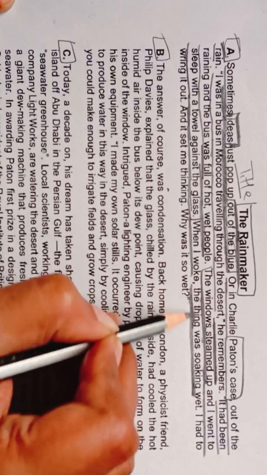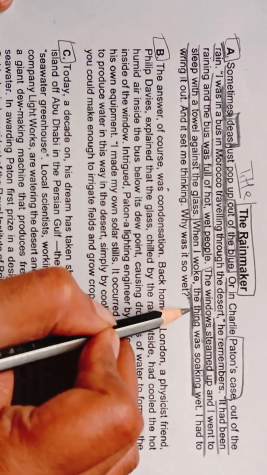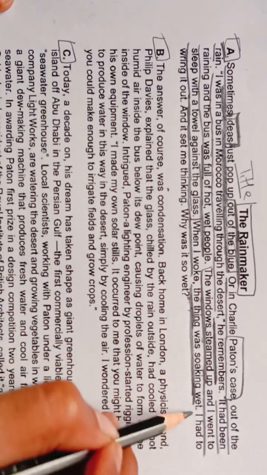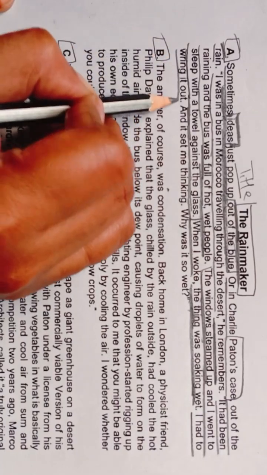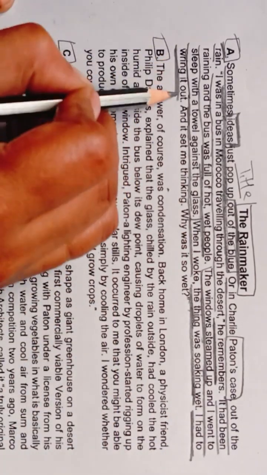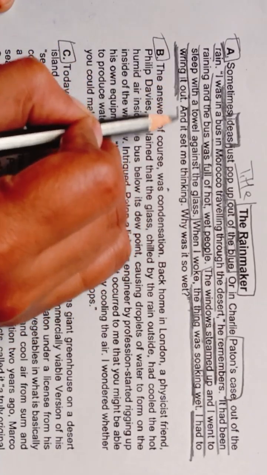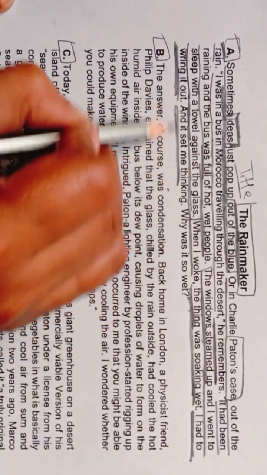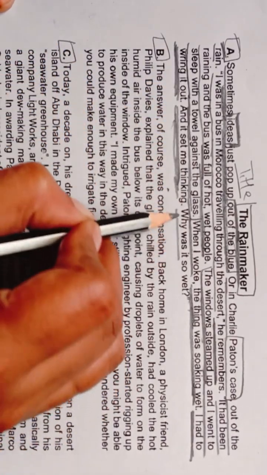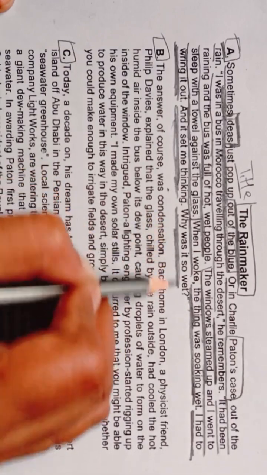The thing means here they are talking about the towel. I had to wring it out, which means I had to wring the towel. And it set me thinking, why was it so wet?